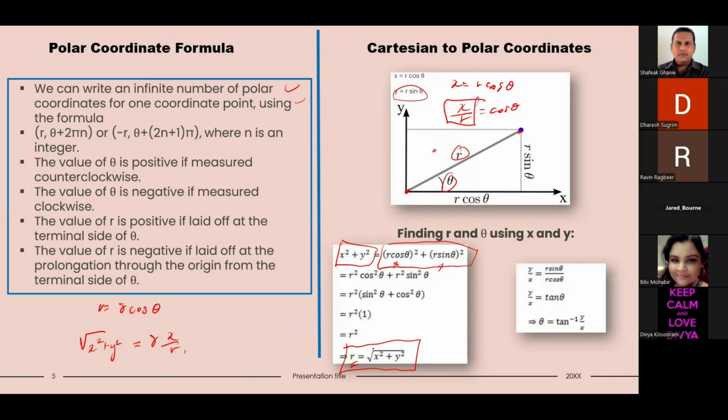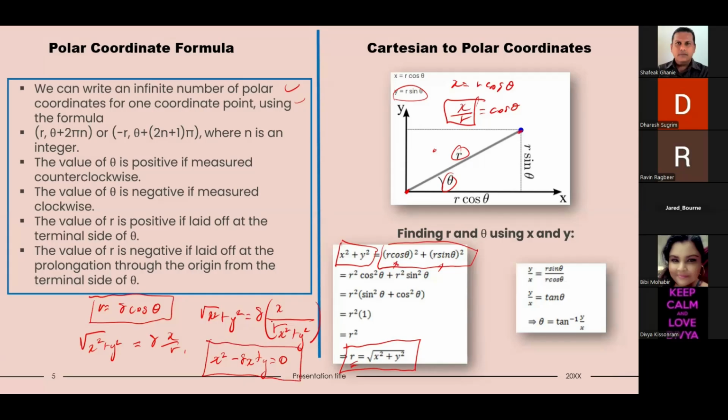And we already know what r is. r is the root of the sum of x squared plus y squared. So we can rewrite that like this. We can do some simple algebra down here, and the expression will simplify to x squared minus 8x plus y squared equals 0. So we have written the polar coordinate equation as a Cartesian equation.